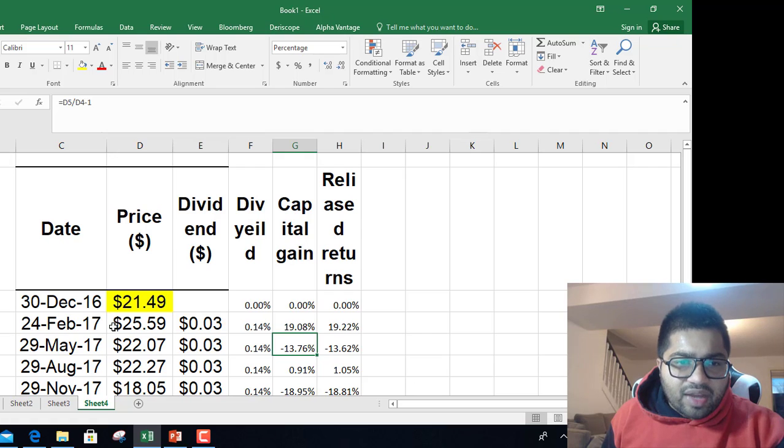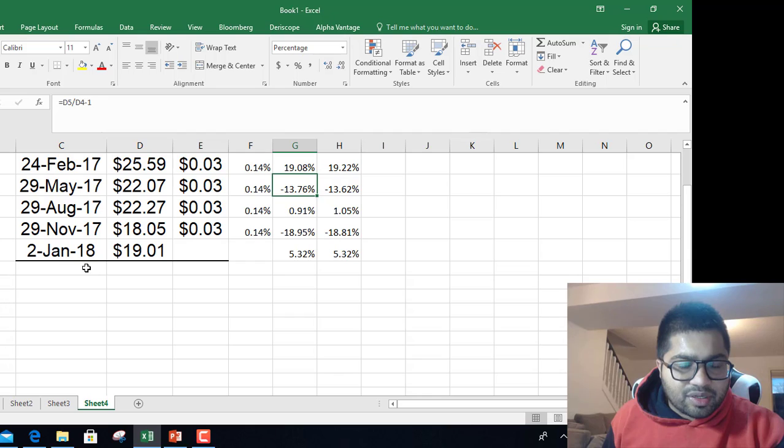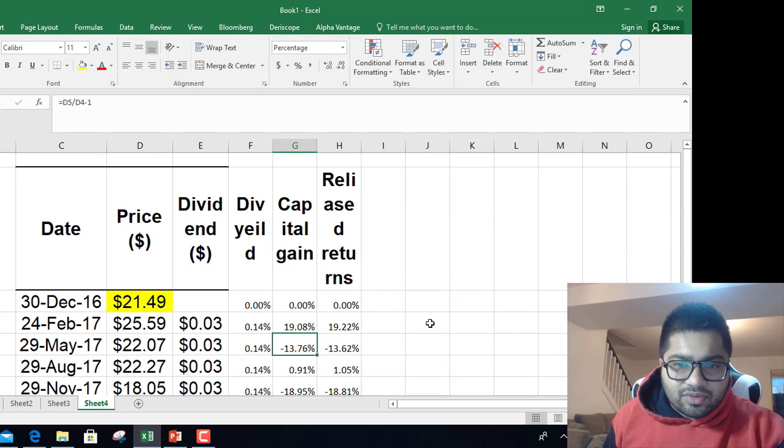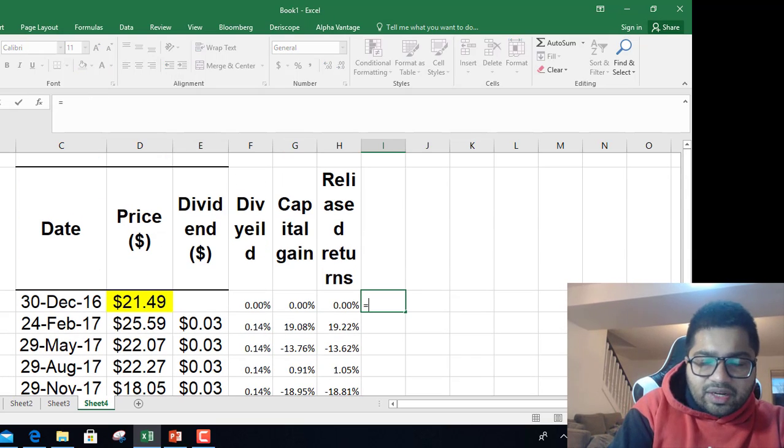So can we find out annual returns from this? The total period is December to January. We know how to find annualized returns.